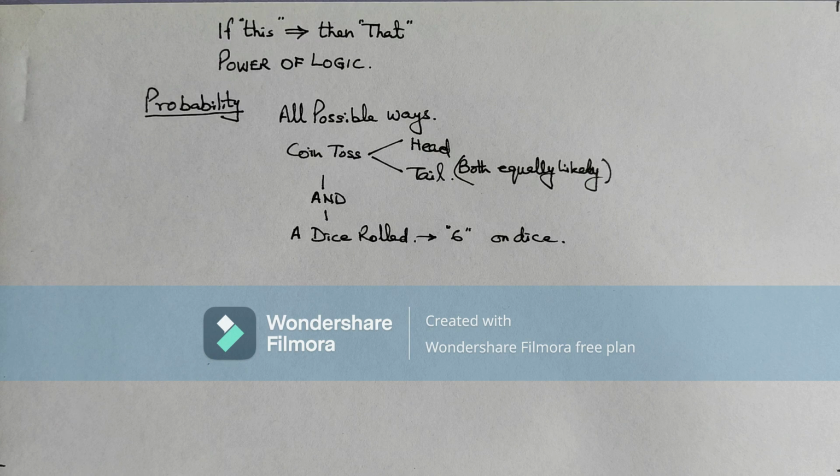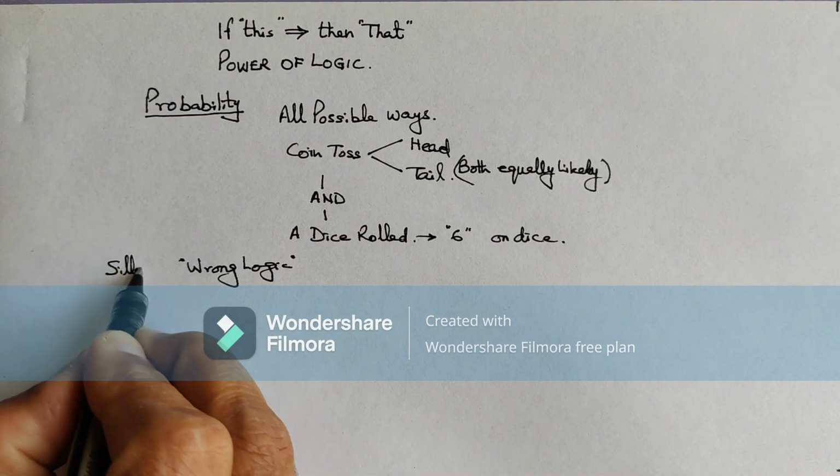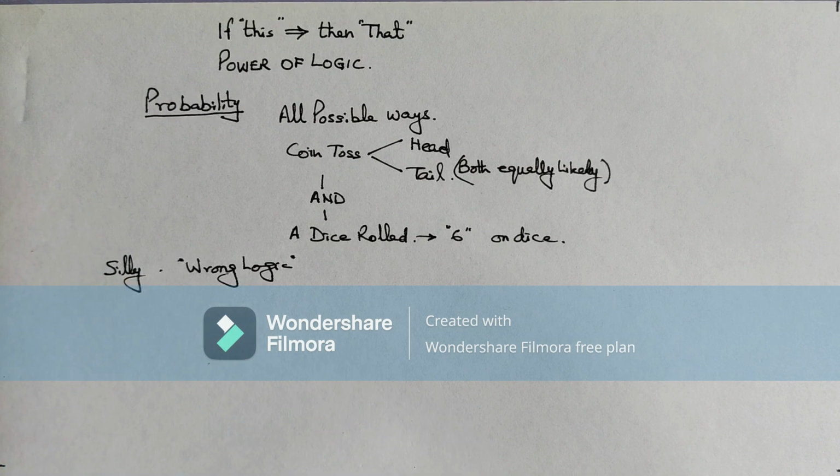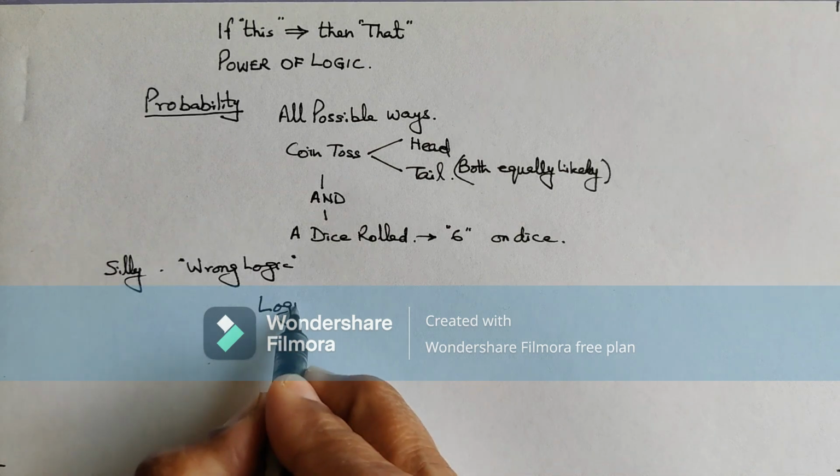What fascinates me is that the question of probability never ceases to challenge me. It is so easy to get into a wrong logic which appears so silly once the error is identified. I will discuss a sample question to arrive at a "logical" answer.